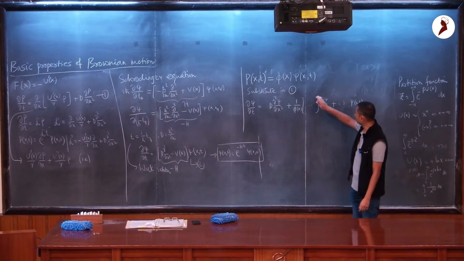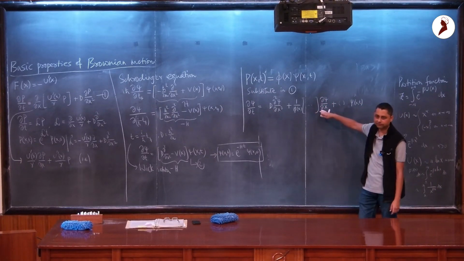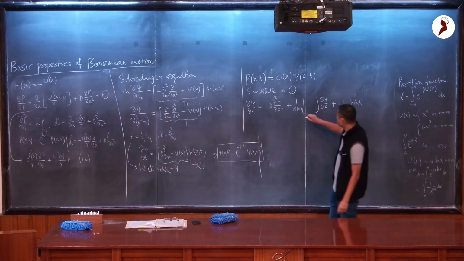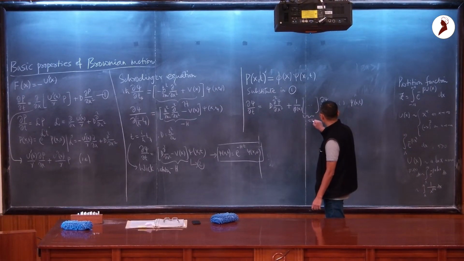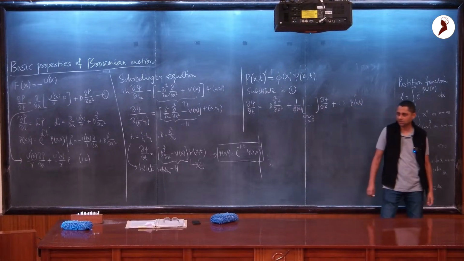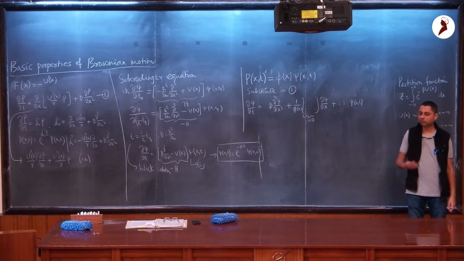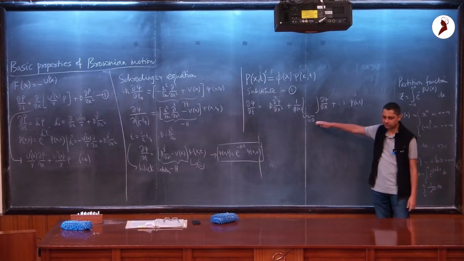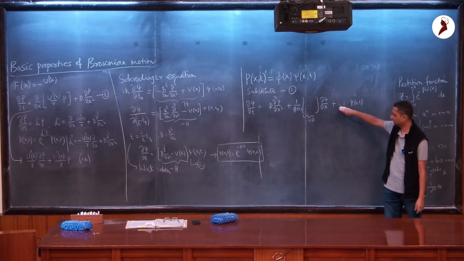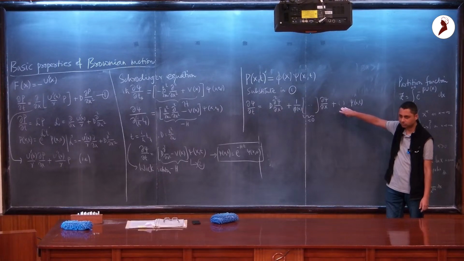So now you choose your phi. What is your aim? Your aim is to get rid of this term, so you set this to 0. That will give you an equation for phi, and that determines phi. You choose phi such that this term is 0. Then you put the solution there.